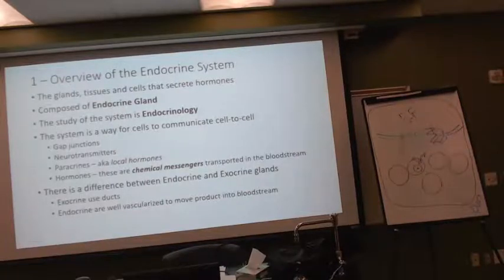We're going to find in this system, one of the organs is going to be considered endocrine and exocrine, the pancreas. For the most part, the mode by which this system is going to work is through the bloodstream.